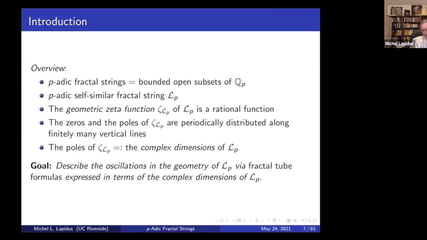And in particular, in the theory of complex dimensions that I've developed, fractals are defined as geometric objects which have at least one non-real complex dimension. In the case of, for example, a p-Adic self-similar fractal string, they will have infinitely many complex dimensions, and in particular non-real complex dimensions.